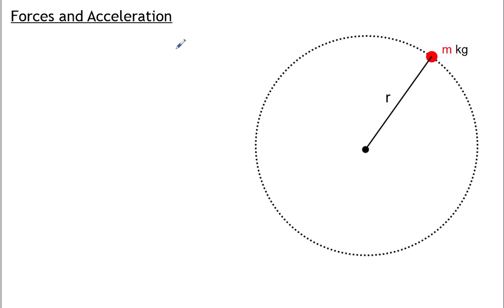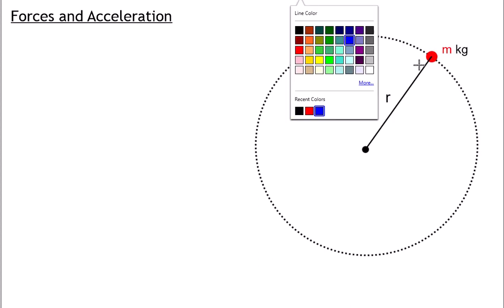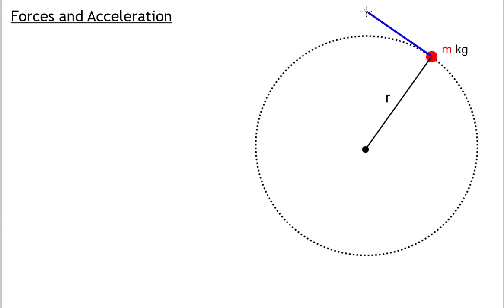Now we'll look at the forces involved in keeping this thing travelling in a circle, because we know that if the string snaps, it will fly off in a straight line. So the only thing stopping it from flying off in a straight line must be some sort of force pulling inwards, and that's exactly what the string is doing.